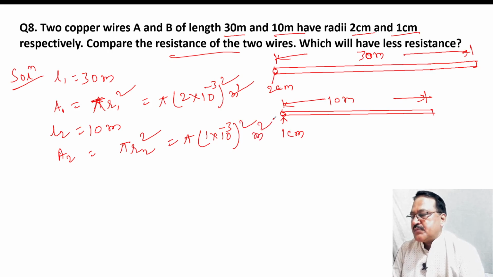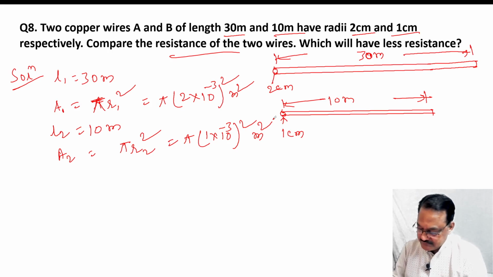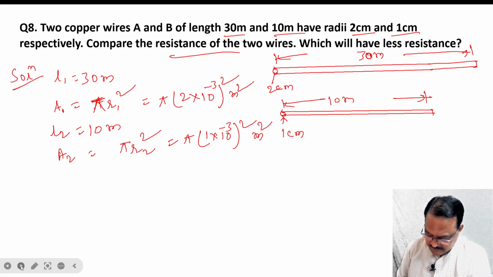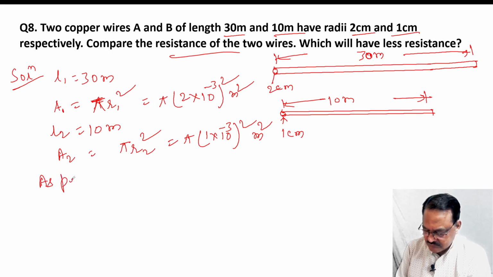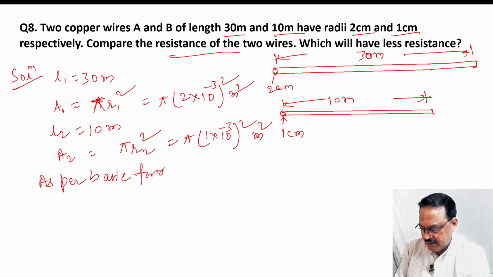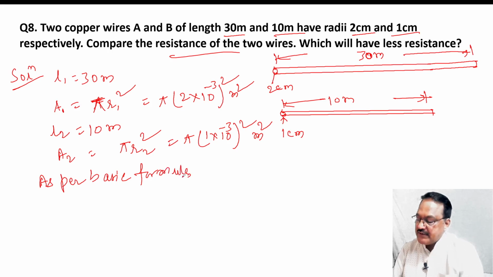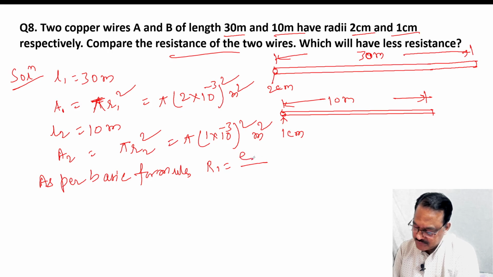We know the basic formula for R as per the law of resistance, R equal to rho L by A. As per the basic formula, R1 is equal to rho L1 by A1.